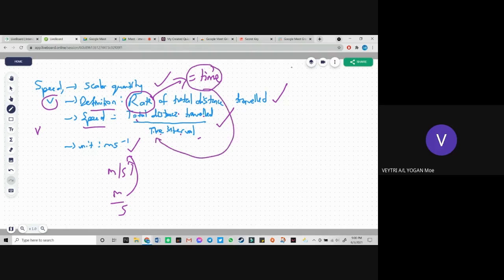Sini ada kan perkataan time. Automatically, speed is the rate of total distance travel. Settle. Yang bawah, naik ke atas. Kalau ada perkataan time, naik ke atas, tukar pergi rate. Itu je. I'll teach you lepas ni, right after this slide, you guys will know why is this simple. Sebab banyak sangat definition. Alright?